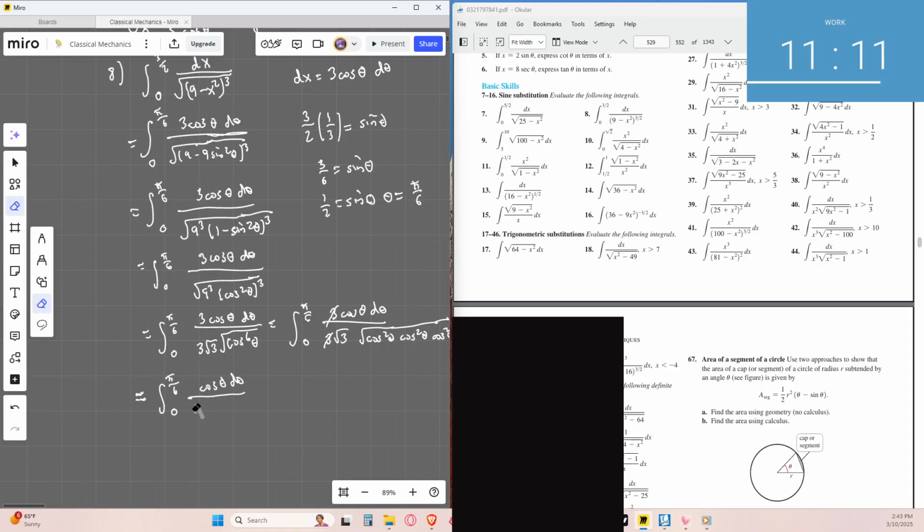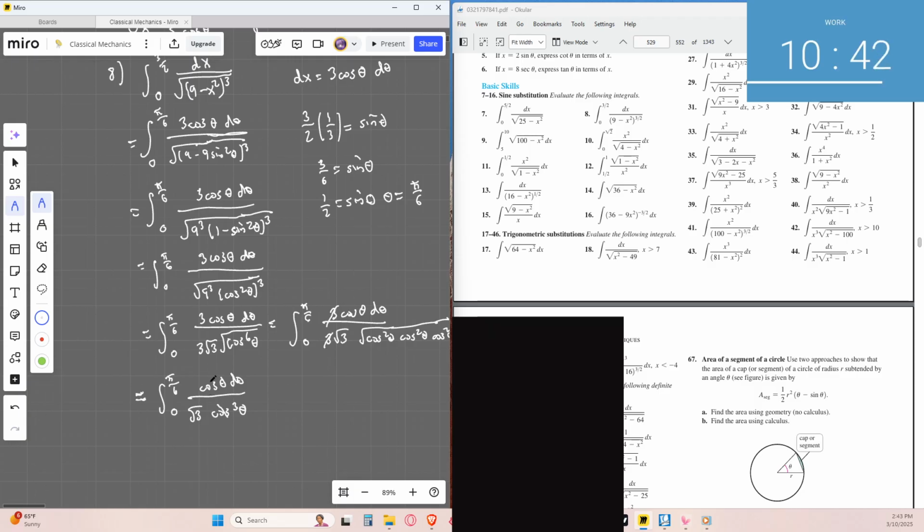Let's just rewrite that like so. And technically you'll be left with cosine to the third, because you can deduce that it'll be cosine, cosine, cosine, cosine, and then you just multiply them together. I see.